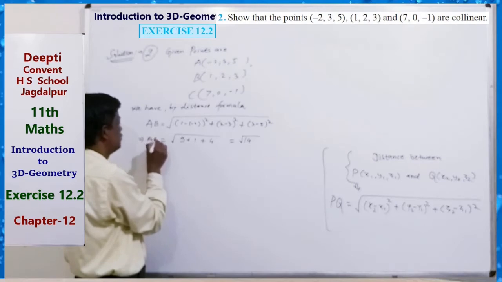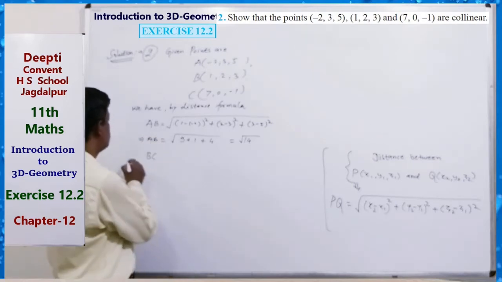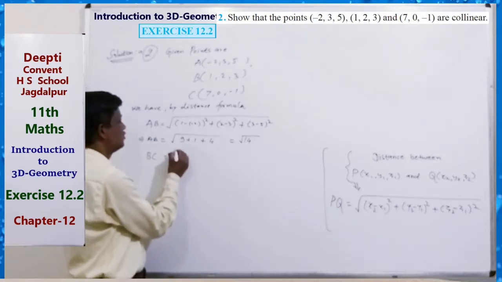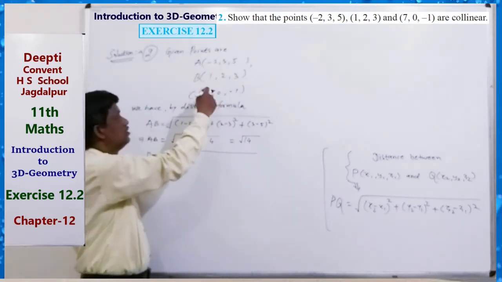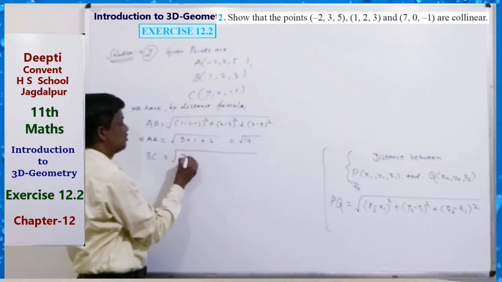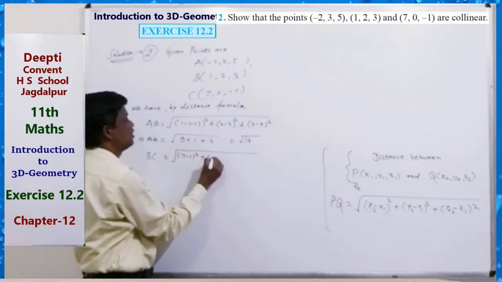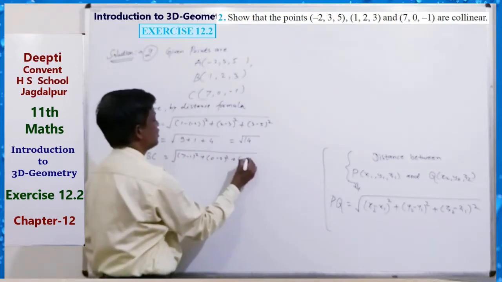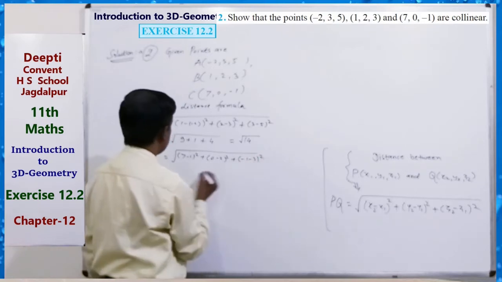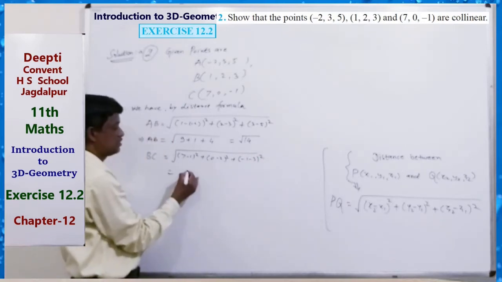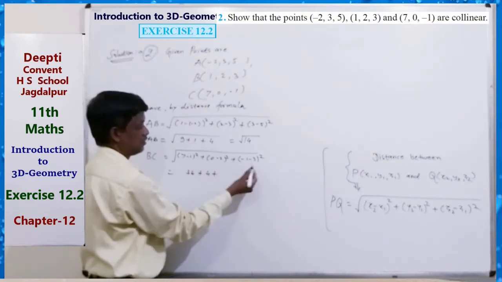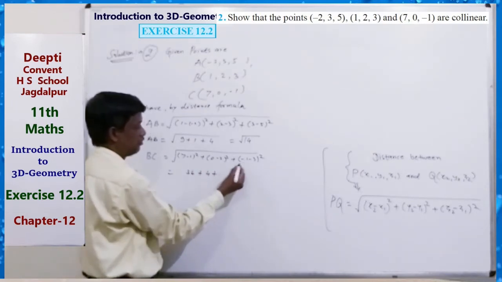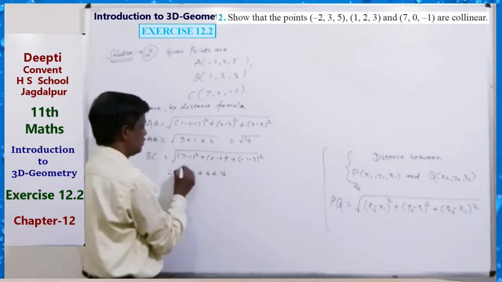BC equals, just find BC the same way, (7 minus 1) square plus (0 minus 2) square plus (minus 1 minus 3) square. 7 minus 1 is 6, so 36, plus 4, plus 4 square, 16.